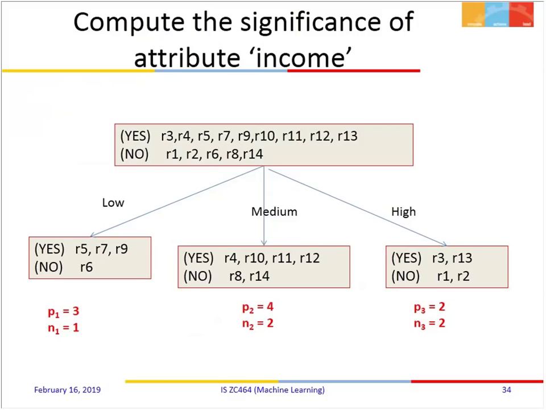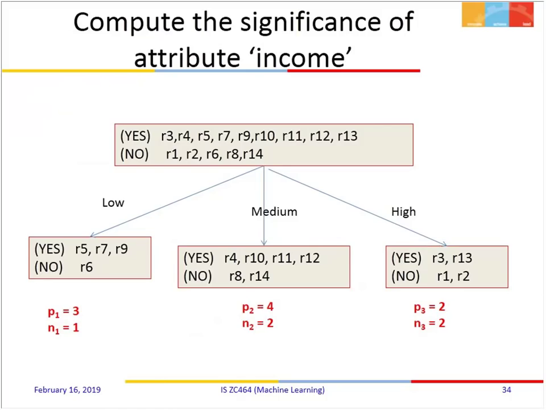N1 is 1. In the next case, when V2 is medium, then P2 is 4 and N2 is 2. In the third split, it is for high, that is V3. So now I have P3 equals 2 and N3 equals 2.